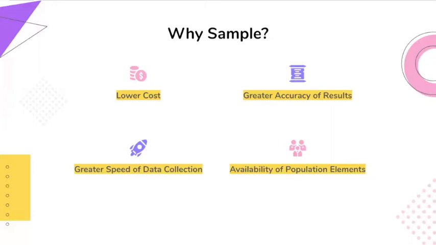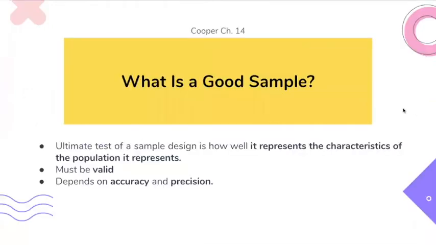We know that the population element of the students at the Faculty of Economics and Business exists, and then we just need to take a couple of people who use Android in order for it to be relevant to our study. So that's it for why sample. We'll be moving on to our colleague's explanation regarding what is a good sample.